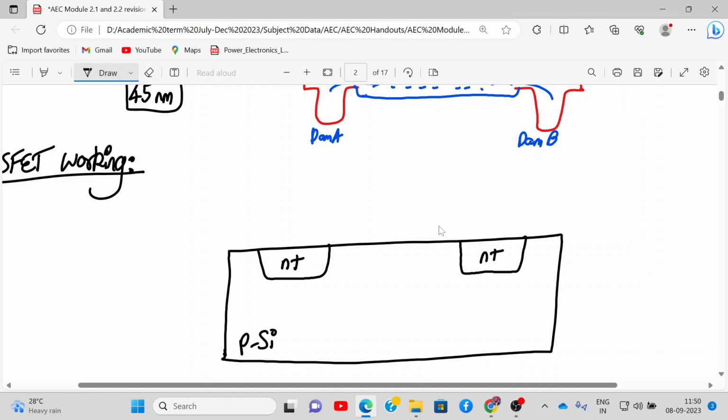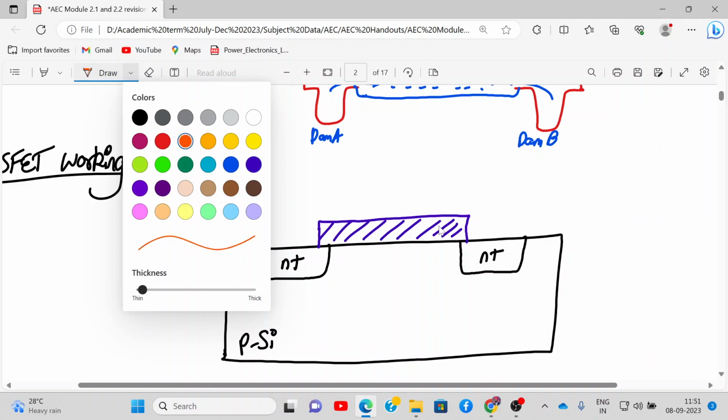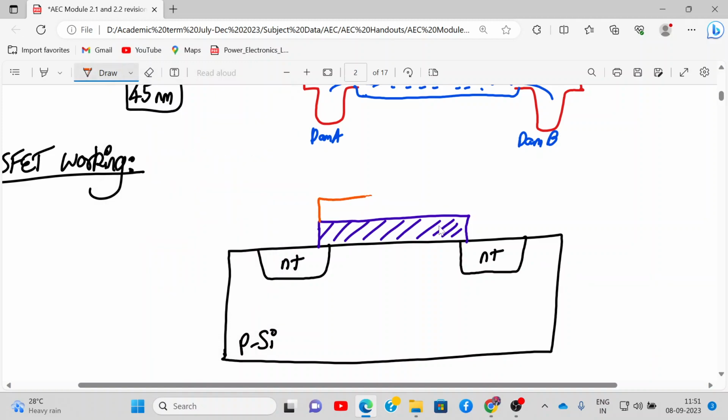And above that you draw an oxide layer. I have shown the oxide layer in this. And then above that you draw a metal layer. So this is my metal layer. In the new technologies they call this P plus, the body terminal, but the body terminal we rarely use, though I am still showing it.